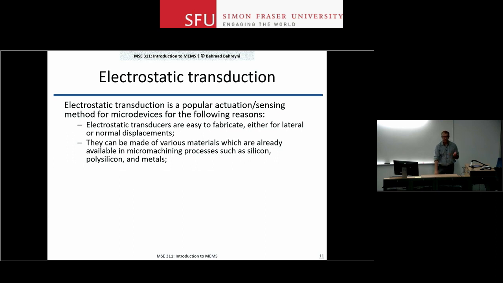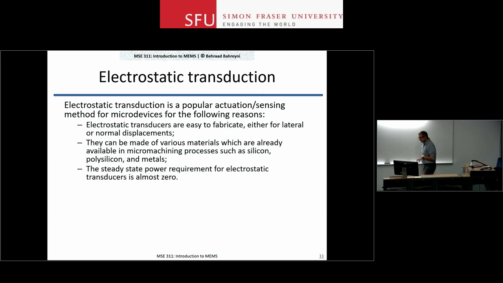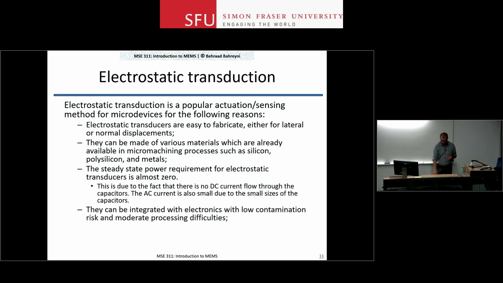So as long as you have two conductors, and they don't even have to be good conductors, you can have a capacitor. The steady state power requirement is 0. There is really no way for the DC current to go from one electrode to the other, so you do not really consume power to, let's say, do the sensing or actuation.